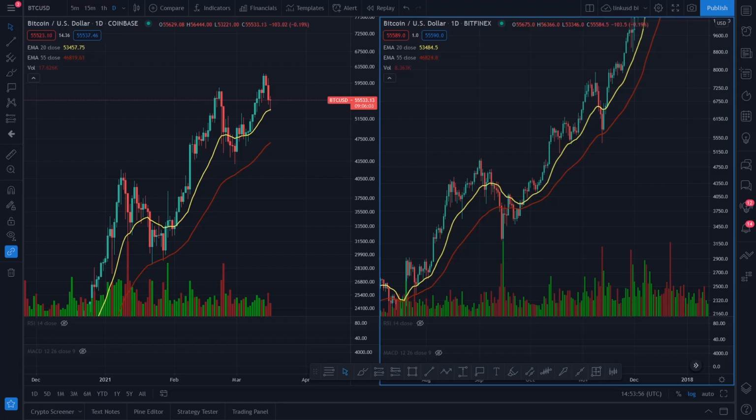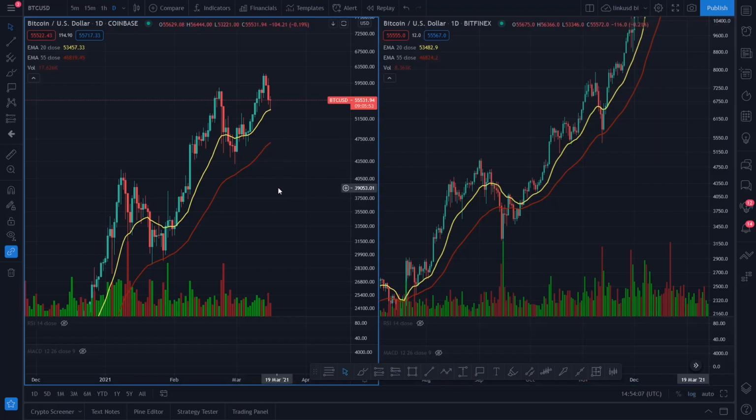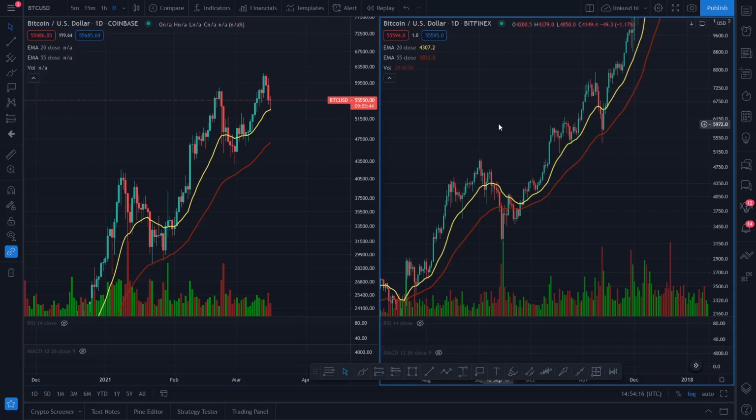It's a fractal really from the 2017 bull run. So on Bitcoin, I think I've bought the multi-chart layout up here. This is the current chart on current price action on the left here, Bitcoin. As you can see, we're correcting at the moment, just bouncing off that EMA. But aside from that, on the right, this is the bull run from 2017.